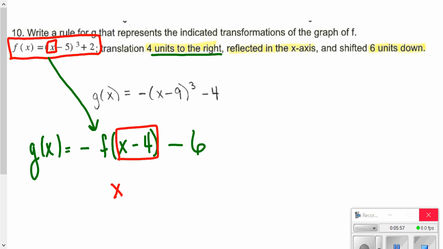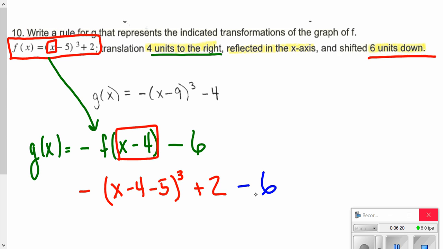So I say x minus 4 minus another 5 cubed, and then I have plus 2, and then this part is reflected. Oh, excuse me, then you have to go 6 down. I was wondering why this wasn't adding up for a second. If you tidy this up, here's my minus, and then this part is the -4.